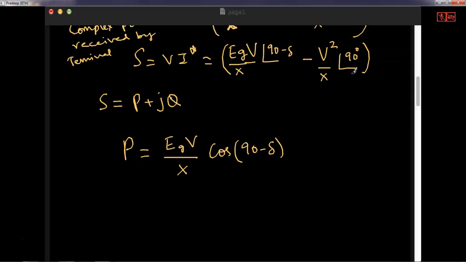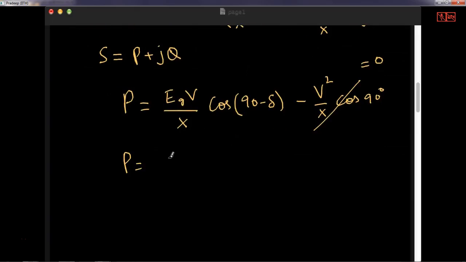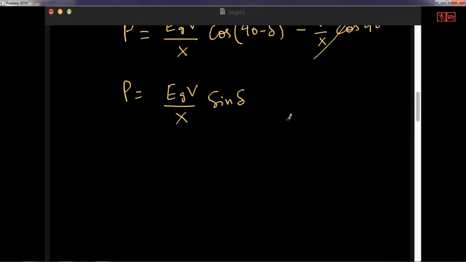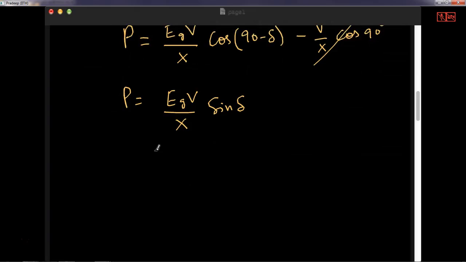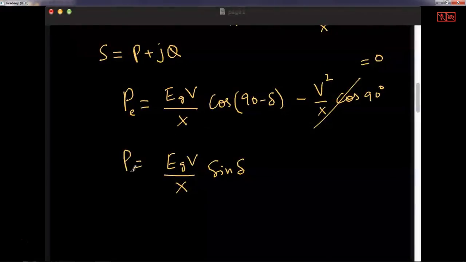Then minus V square by X cos of 90 degrees, so this term will be equal to 0. And for this term I'll get the active power generated as Eg into V by X sine delta. This is the electrical power output of the machine.